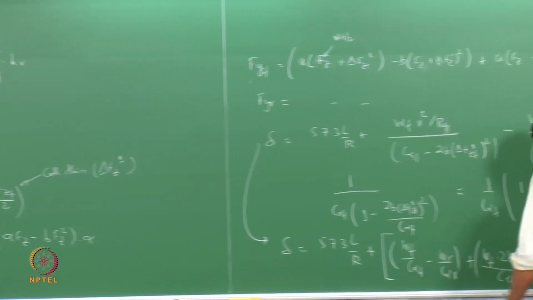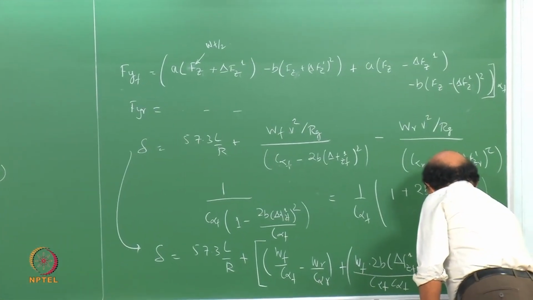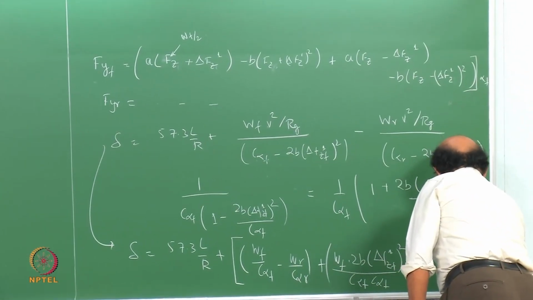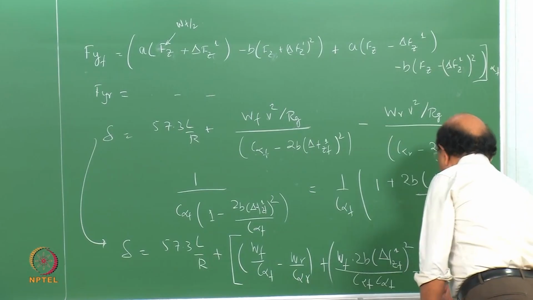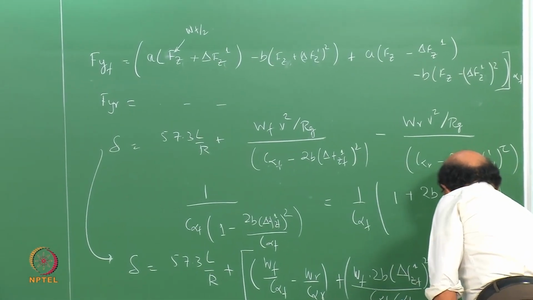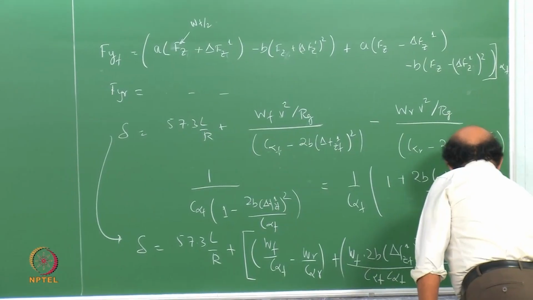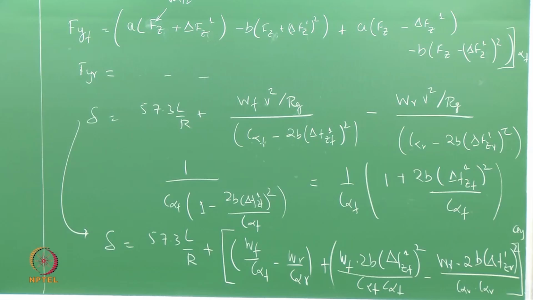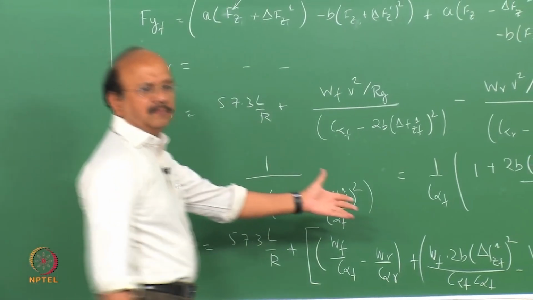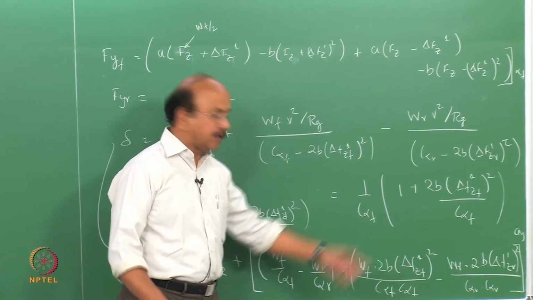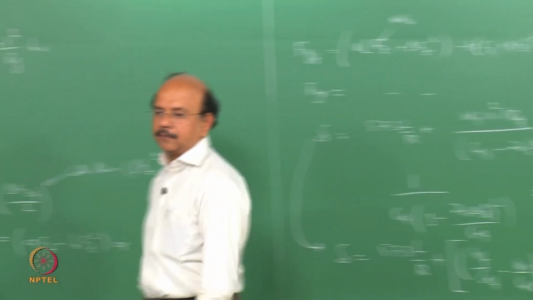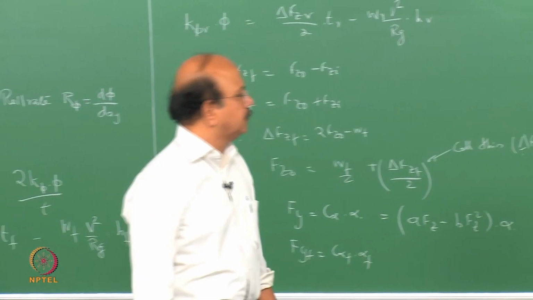So that rear would be minus Wr into 2B into delta Fzr1 whole squared divided by C alpha r into C alpha r, the whole thing multiplied by Ay. Clear? Nothing great. Simple jugglery. Okay, check whether you have written it correctly, I have written it correctly. If you have doubt, let's look at Gillespie.